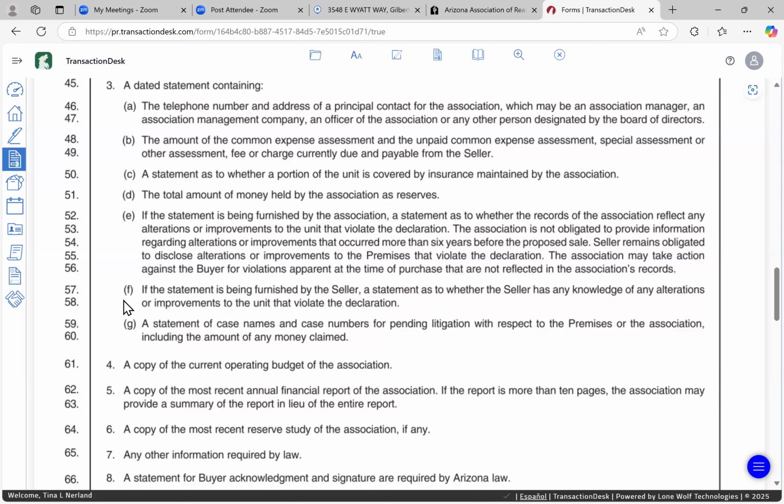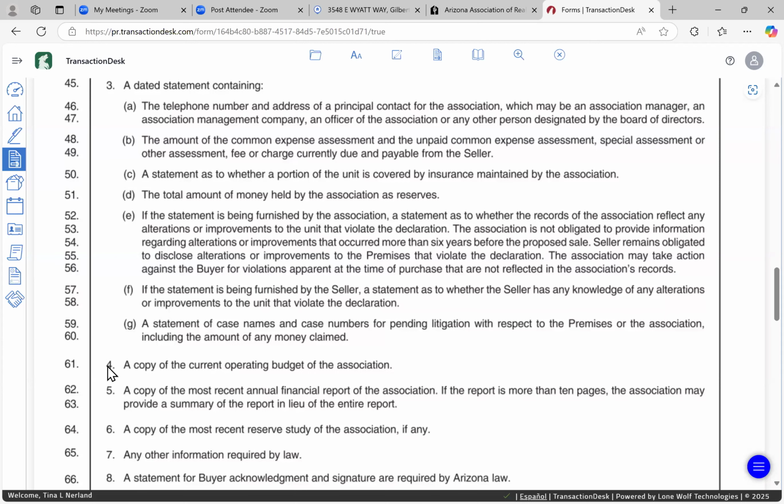F. If the statement is being furnished by the seller, a statement as to whether the seller has any knowledge of any alterations or improvements to the unit that violate the declaration. A statement of case names, case numbers, or pending litigation with respect to the premises or the association, including the amount of the money claimed.